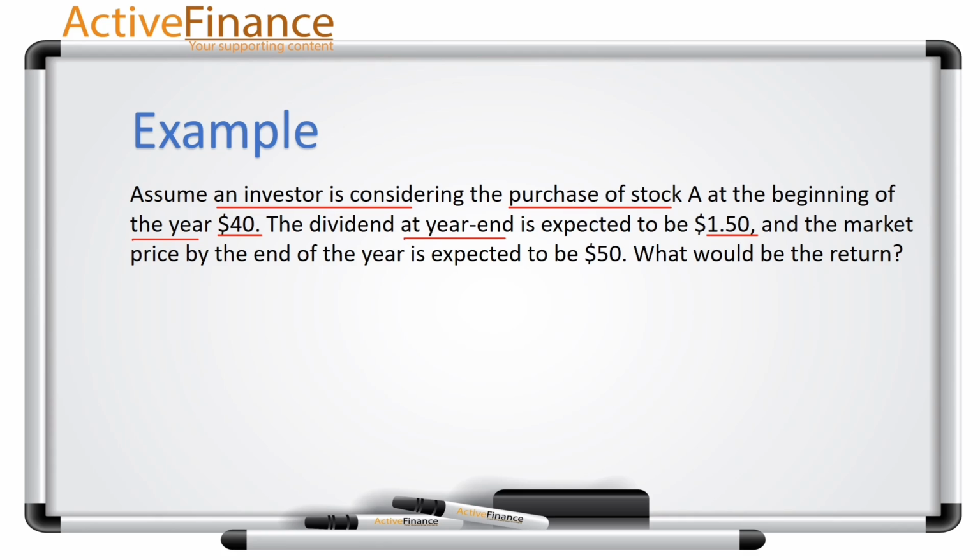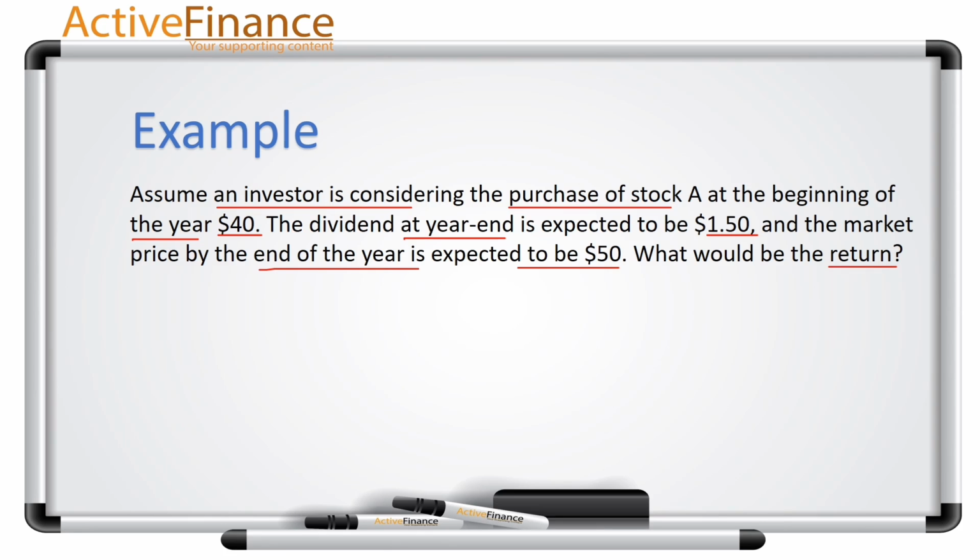So the investor is expecting to receive $1.50 as a dividend, and the market price at the end of the year is expected to be $50. So what would be the return of that share?